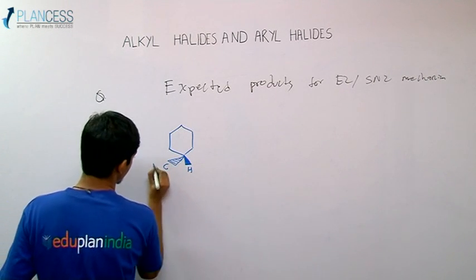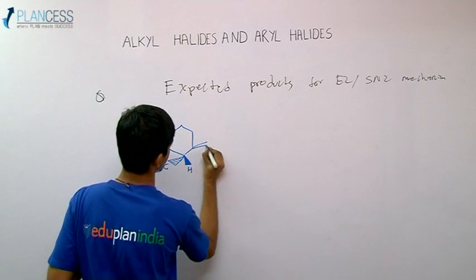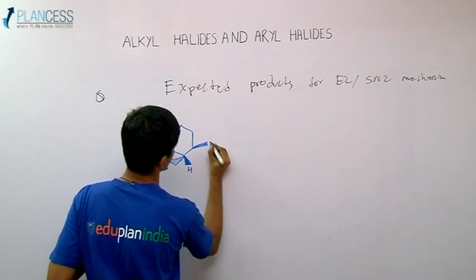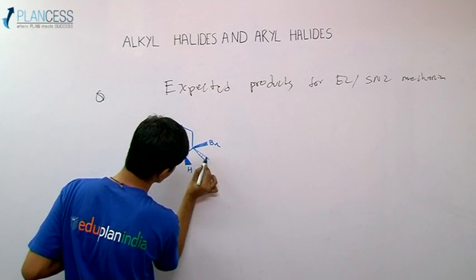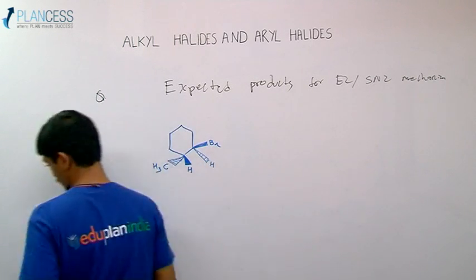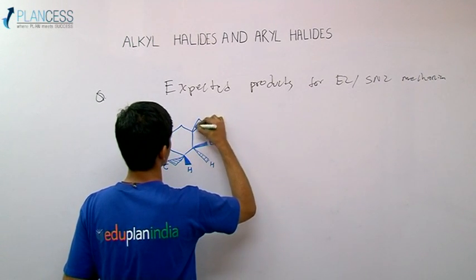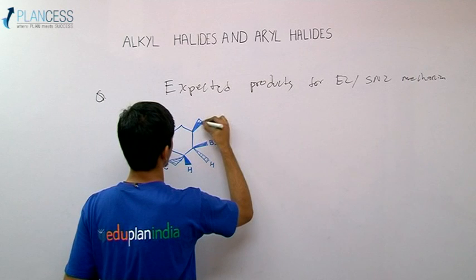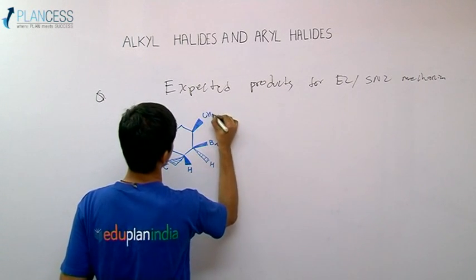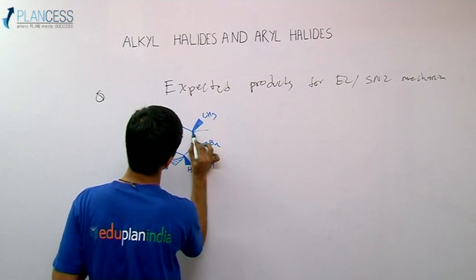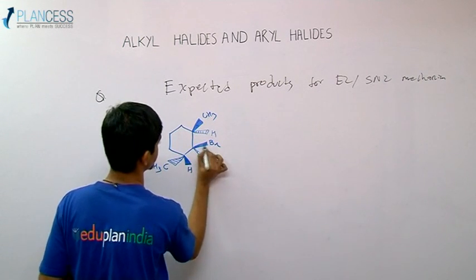So this is CH3 and this is Br. This is hydrogen here, hydrogen, then we have CH3, and we have hydrogen over here, CH3, and we have hydrogen this way.